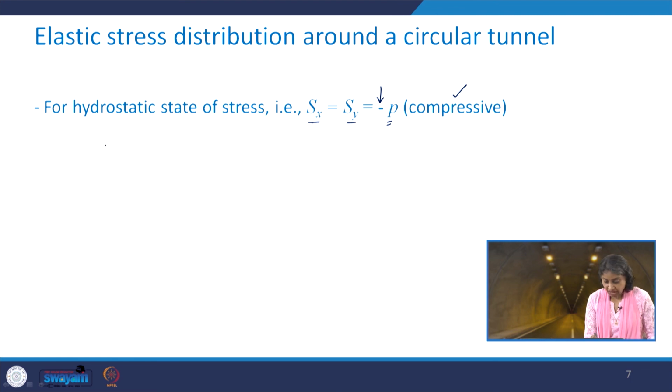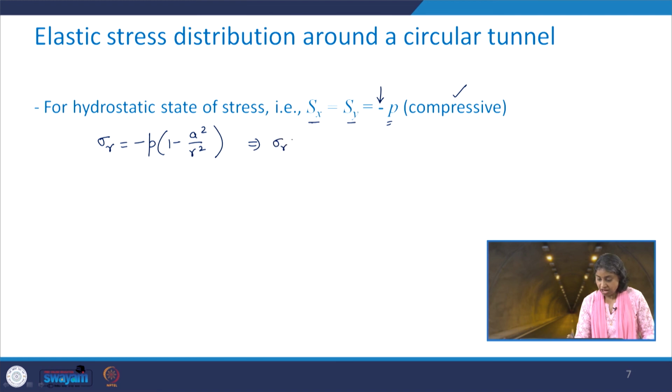So, you will have sigma r as minus P times 1 minus a square upon r square, and if you substitute r equal to a, this is what you are going to get as 0.